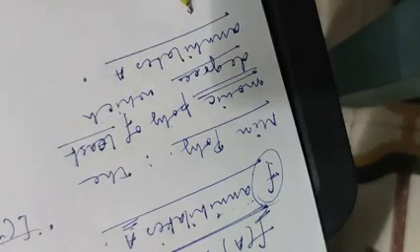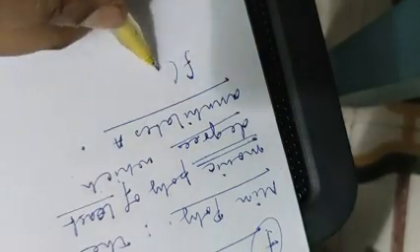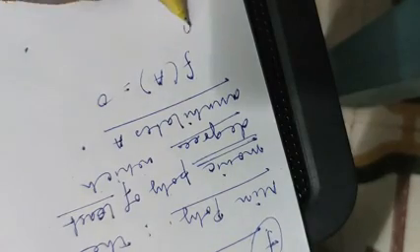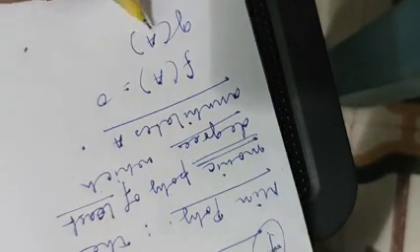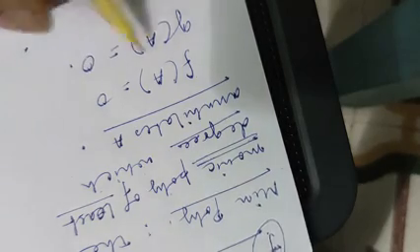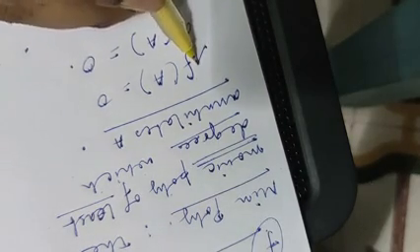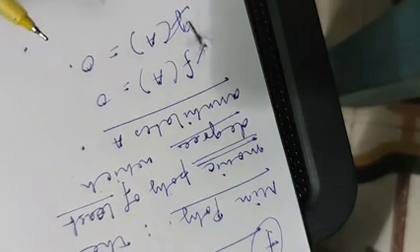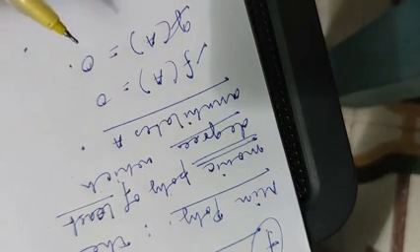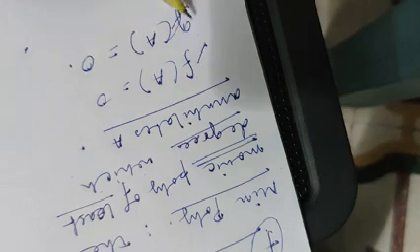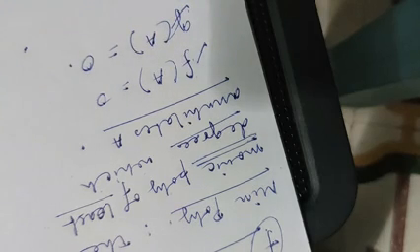Annihilates A means f(A) equals 0. Suppose we get one f such that f(A) becomes 0. We can get some g also, such that g(A) also becomes 0. That means f is an annihilating polynomial, and g is also an annihilating polynomial. But the minimal polynomial would be the one of least degree among both of these.